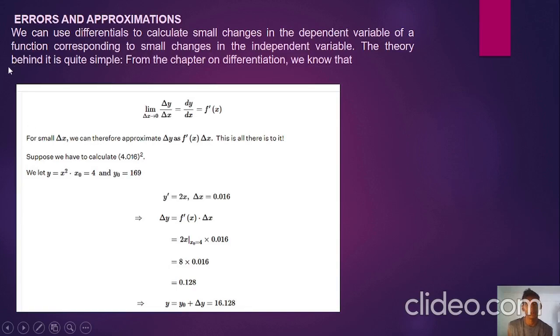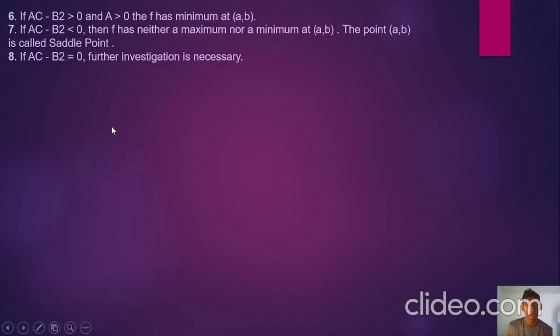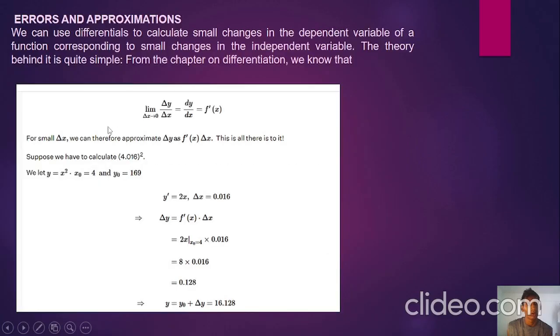Errors and approximation. Maybe this is the last concept for us now. We can use differentials to calculate small changes in the dependent variable of a function corresponding to small changes in the independent variable. The theory behind it is quite simple.